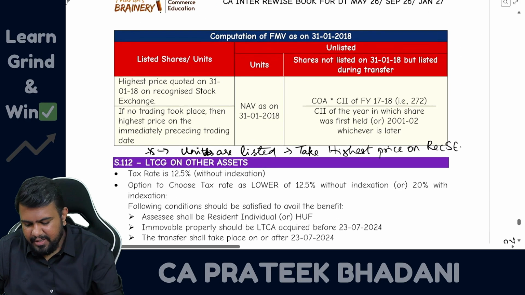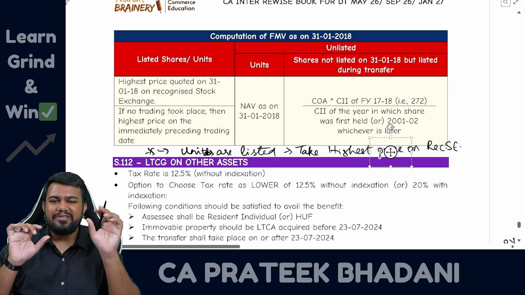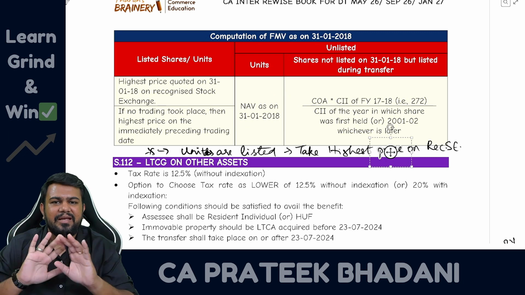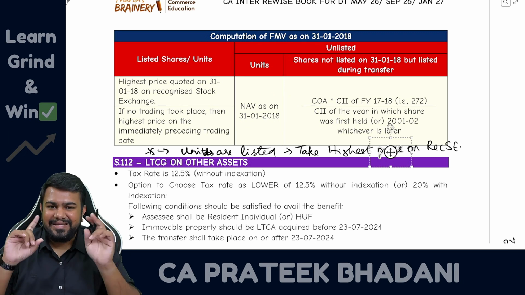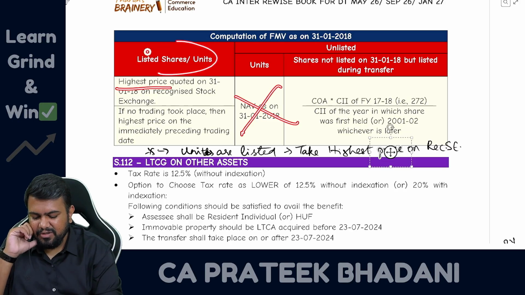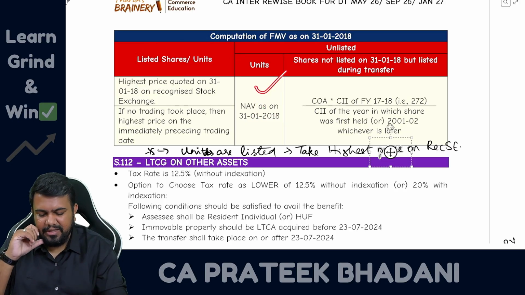Don't take NAV. This silly mistake students do. Students will see units, and units means they will take NAV as on 31/1/2018. It is not like that. If a unit is listed, then you should not take NAV. You should only take the highest price on the recognized stock exchange. If a unit is unlisted only, you have to take the NAV.